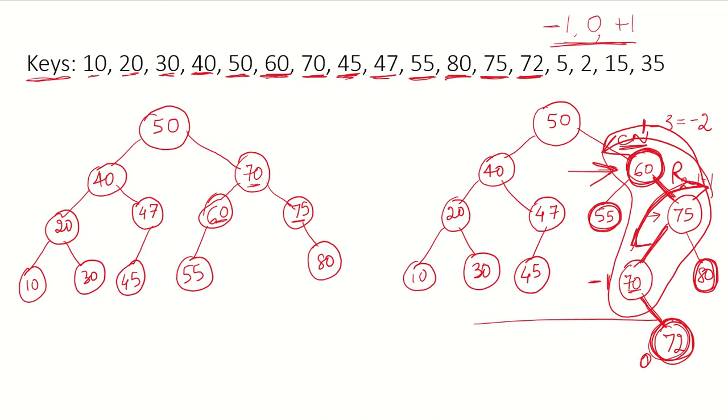What about 72? 72 was the right child of 70. So we have to go in the right subtree of 70 and put this 72 over here. Again we see that each and every node in the tree is balanced, and this is a balanced tree. So the AVL tree has been balanced.